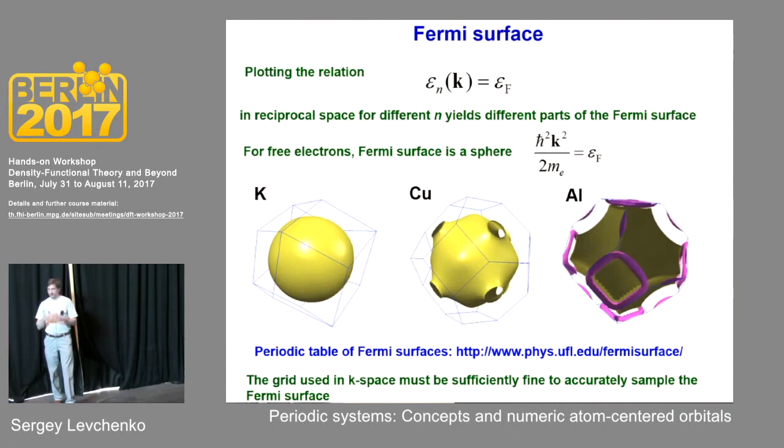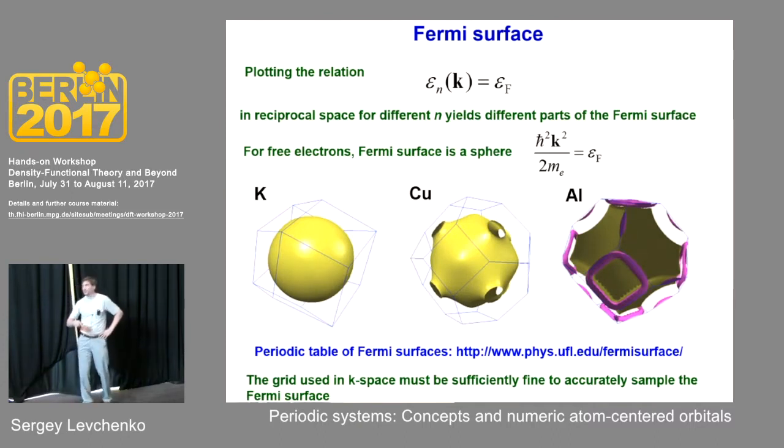So this is a system that can be approximated very well with a free electron model. But if we look at copper now, we start to see some deviations, and aluminum has a completely different electronic structure. You can see here there is a periodic table of Fermi surfaces, very beautiful.